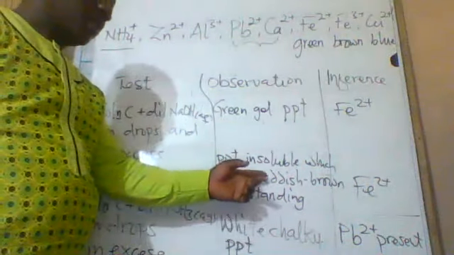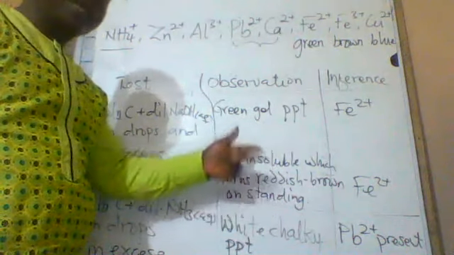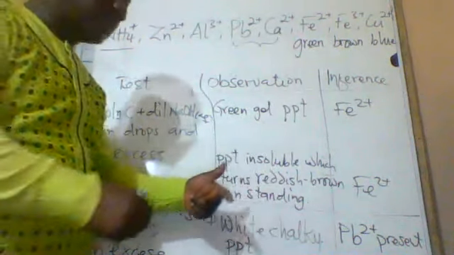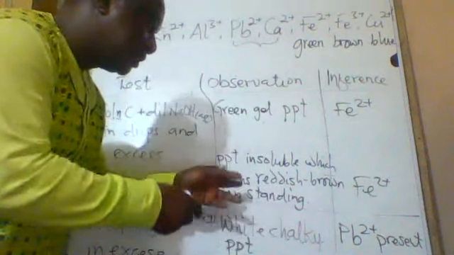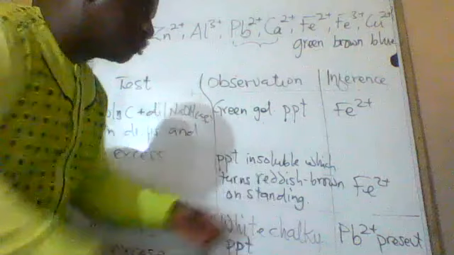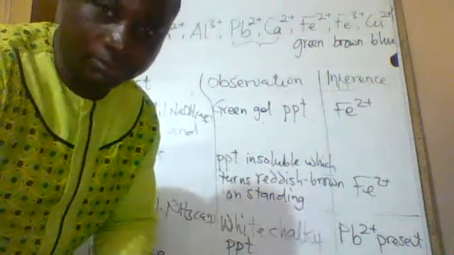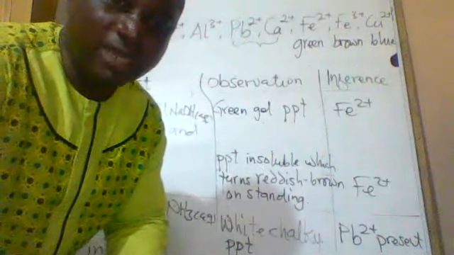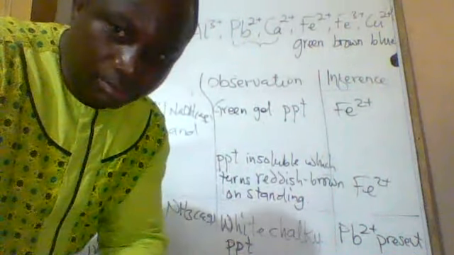Now, the iron 2, when you add excess sodium hydroxide, will be insoluble. But as time goes on, the green gelatinous PPT will turn to reddish brown because iron 2 is highly unstable and can therefore undergo oxidation quickly to iron 3.